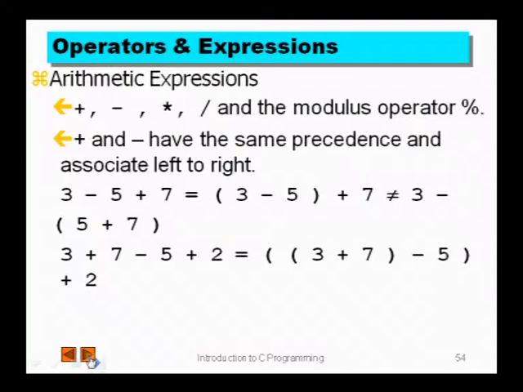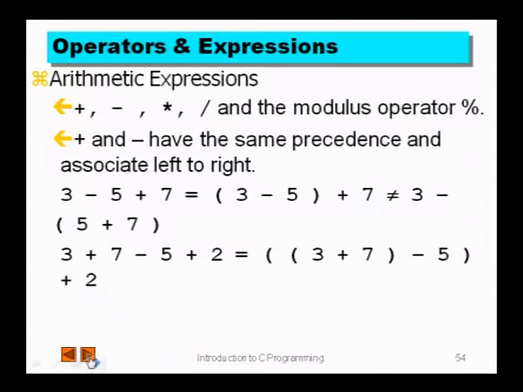Plus and minus have the same precedence and associate from left to right, but any expression enclosed in parentheses will be evaluated first. So in the first one, 3 minus 5 is minus 2, and minus 2 plus 7 is plus 5.